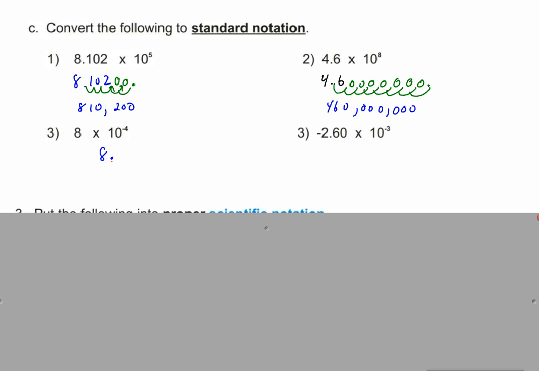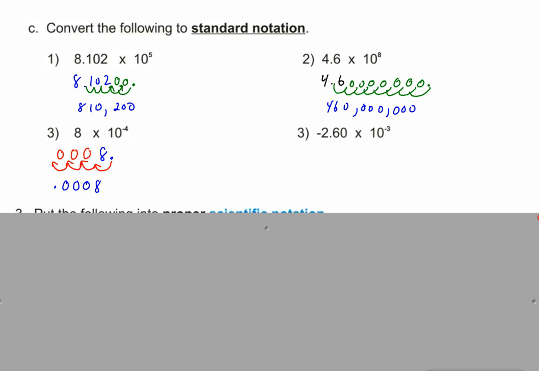So watch. That's 1, correct? I need a 0 placeholder to be able to go 2. I need another 0 placeholder to be able to go 3. And I need a last 0 placeholder to go the 4th. 0.0008.